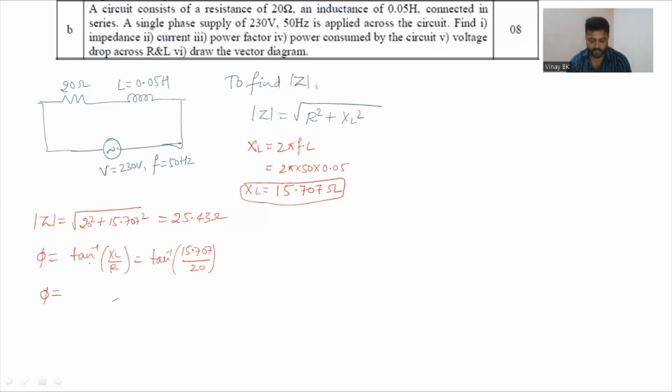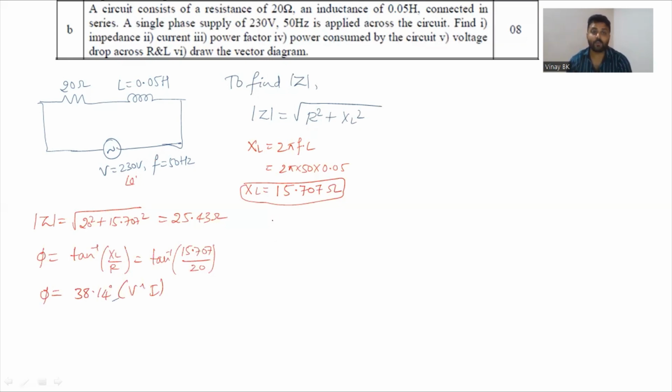You get 38.14 degrees. This is the angle between voltage and current, because the voltage angle is 0, given as 230 at an angle of 0 degrees. The angle between voltage and current is 38.14 degrees.